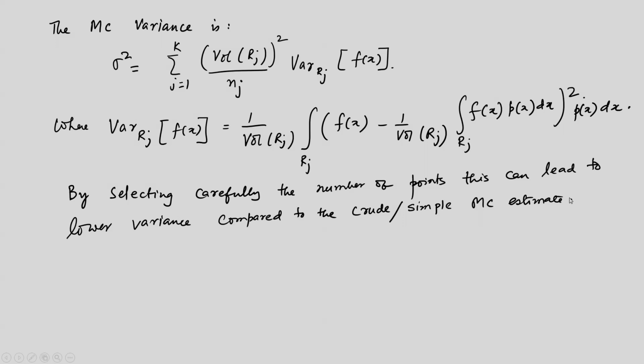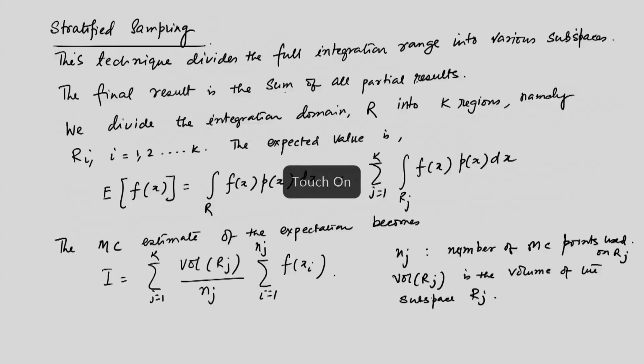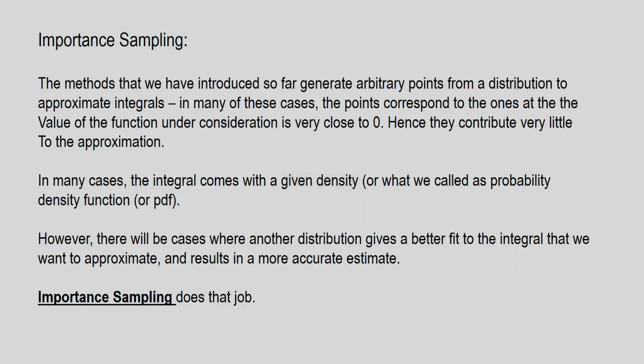All right. So, the next technique that we are going to consider is called importance sampling. Let us go back to our slide which is there. So, this importance sampling is really believing that not always you have a unique probability density function that would give you an accurate estimate.